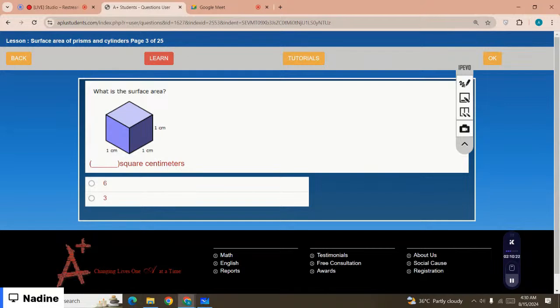Yes, the correct option is 6 because the cube has 6 faces and each face has the area 1 times 1 is 1. So you have to multiply it by 6. The correct option is 6.